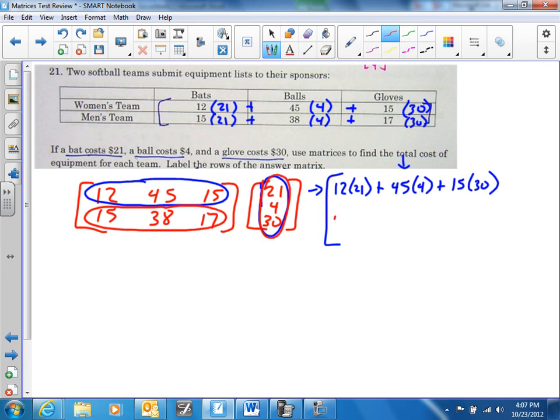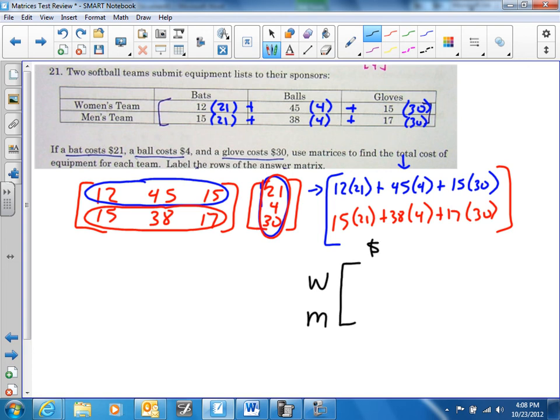And what you end up getting is 15 times 21 plus 38 times 4 plus 17 times 30. And when you add up those numbers, what you end up getting is the cost of $882 and $977.